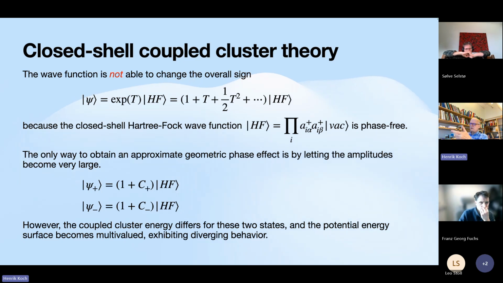We have the plus and the minus combination when we get from two different directions of the wave function, is to choose this C plus and C minus to be very large, such that the one that we have in front can be disregarded. And this is exactly what you see when you try to run a coupled cluster calculation very close to a conical intersection, is that the T amplitudes, so the T operator, will diverge as we approach the conical intersection.